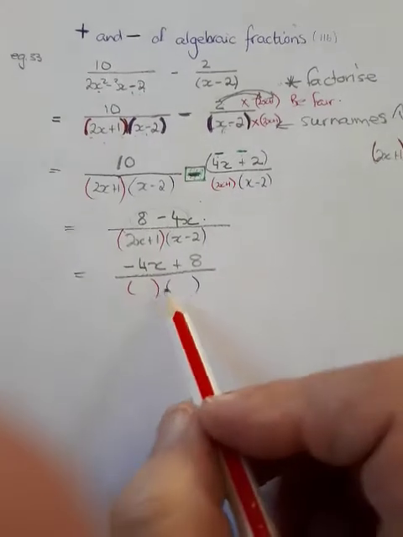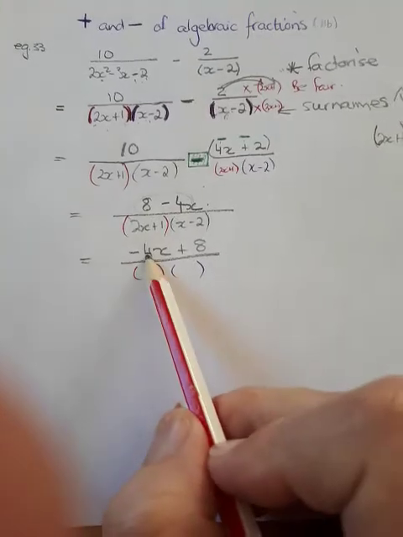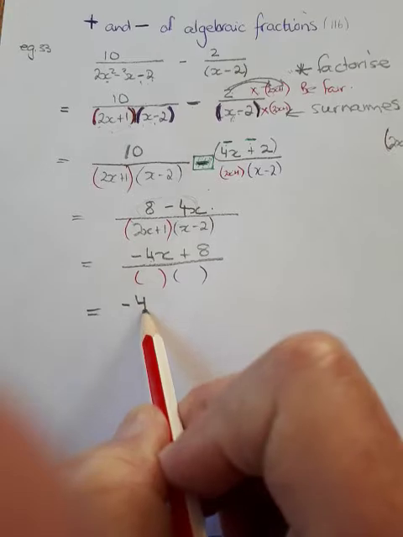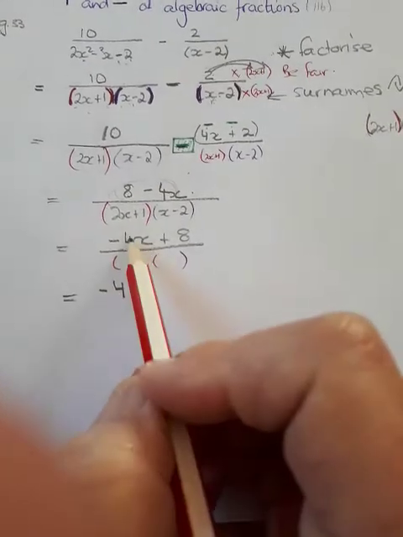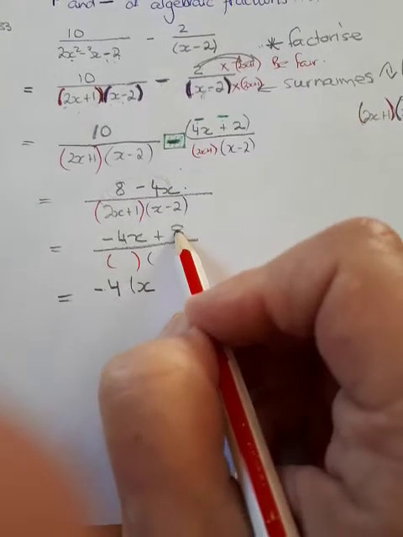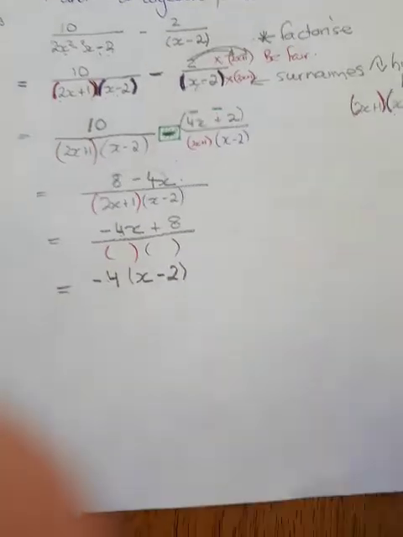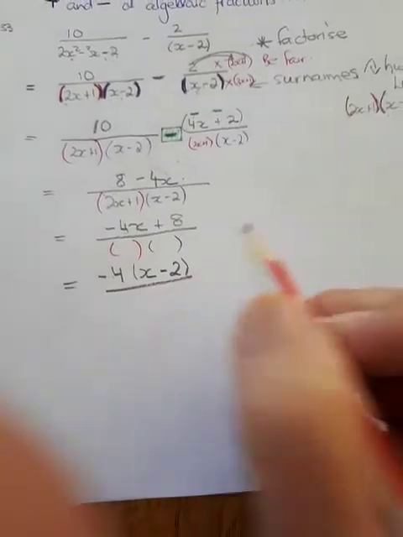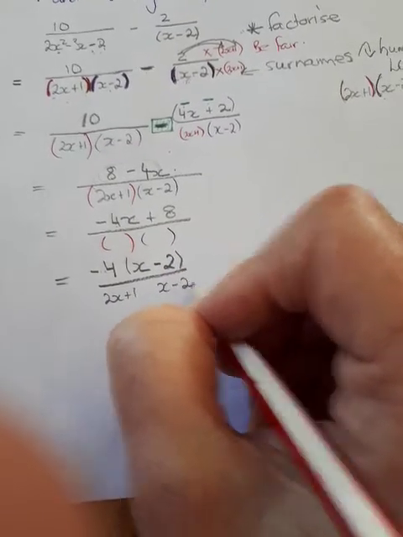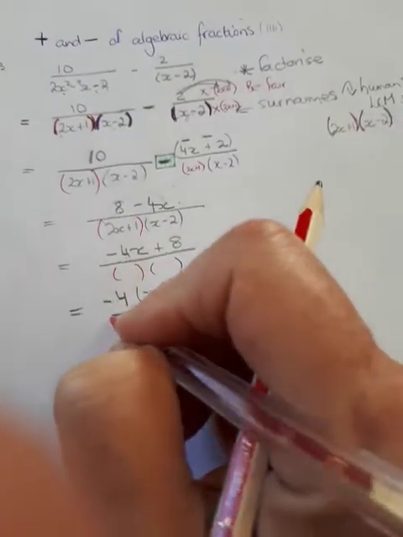I'm not writing this out now, I'm just going to try and save some time. If you look at minus 4x plus 8, then my highest common factor is negative 4. Negative 4x divided by negative 4 gives me x, and 8 divided by negative 4 gives me negative 2, over 2x plus 1 and x minus 2, my purple bracket and my red bracket.